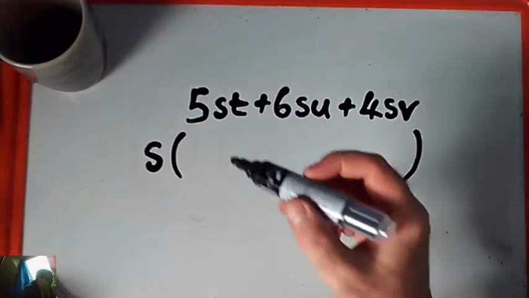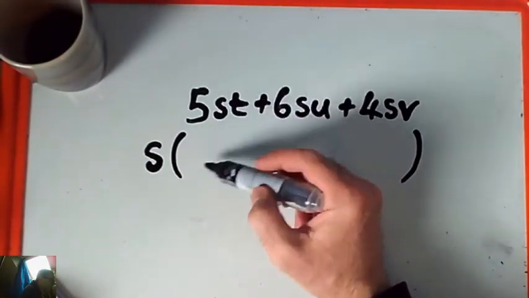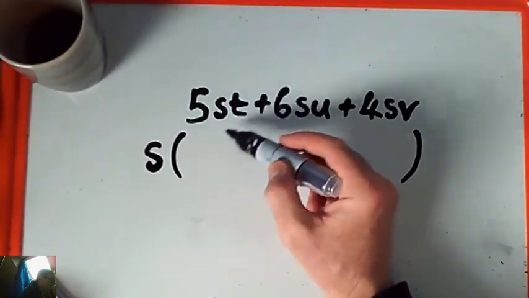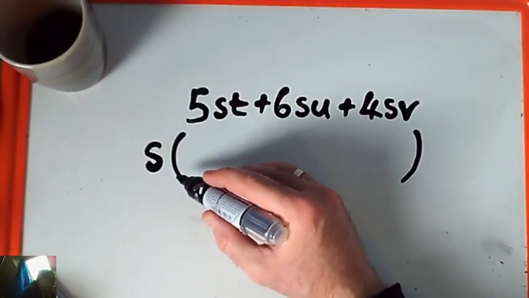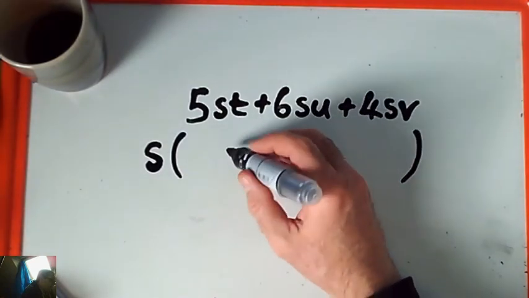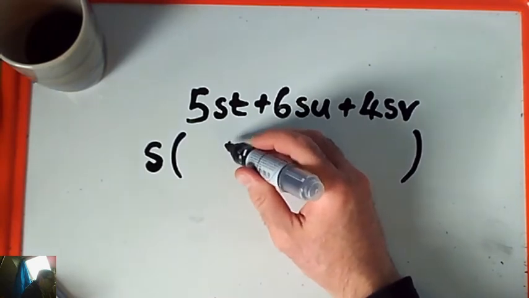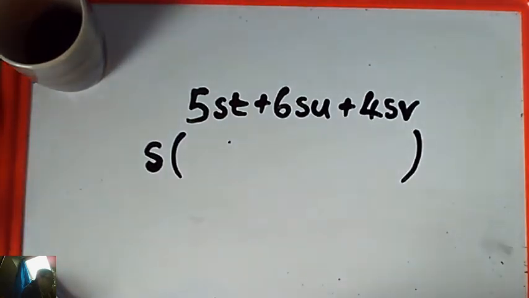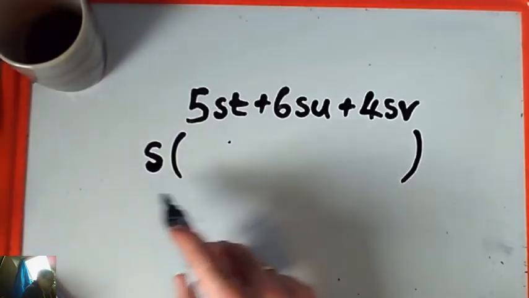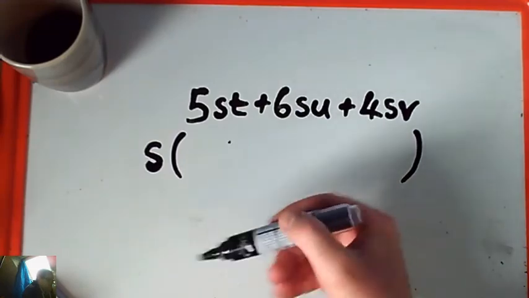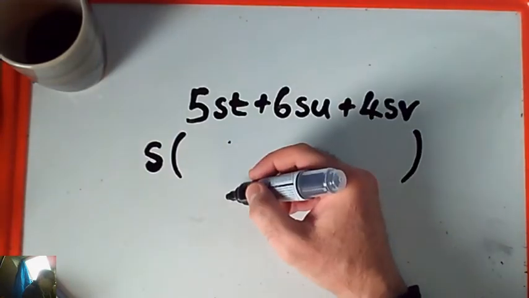Then I ask myself the question, s times what inside the brackets will give me 5st.